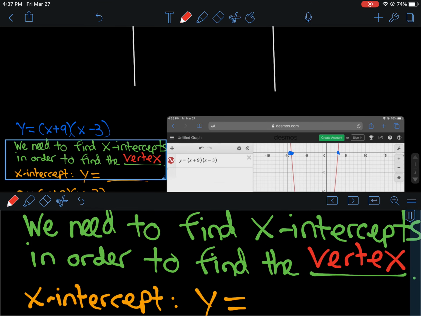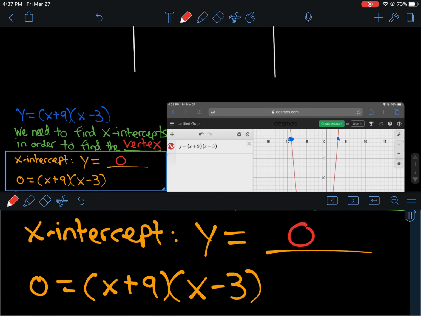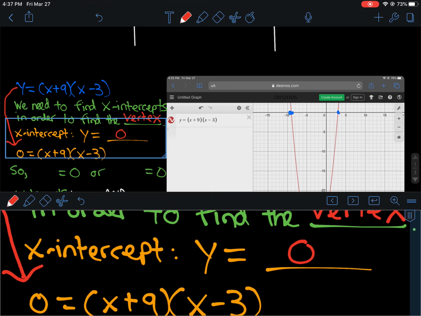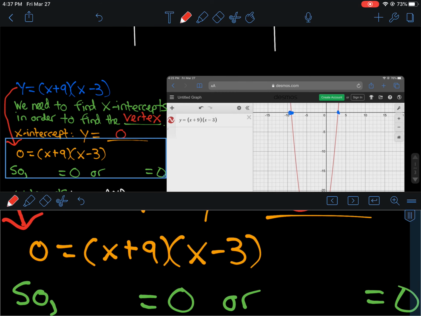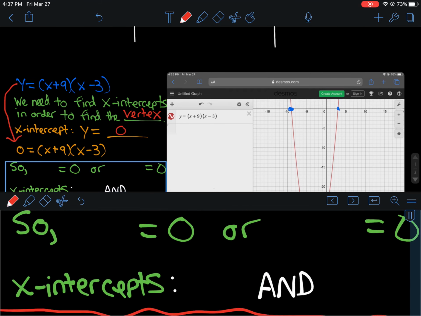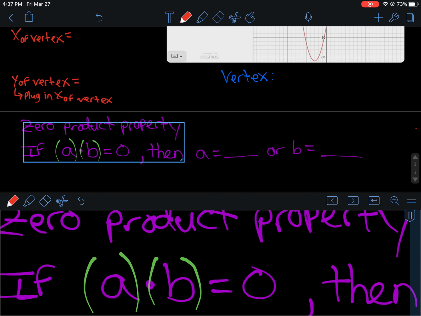So if we talk about the x-intercepts, remember, y is 0. You let y be 0, and then we're able to find the x-intercepts. Now, in order to do this, we have to understand a property in algebra called the zero product property.